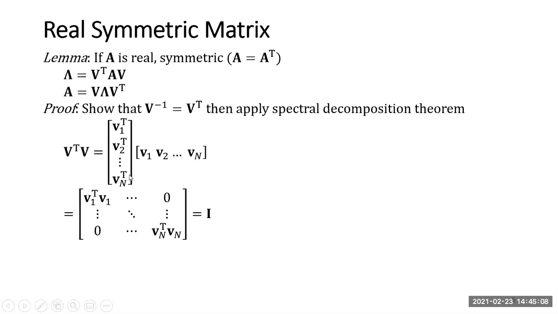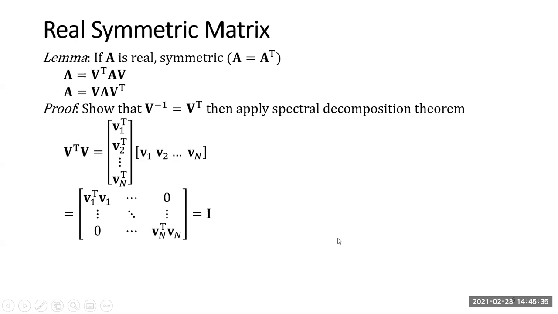The last scalar entry here would be Vn transpose Vn, which is 1. So all the off-diagonal elements are zeros, and the diagonal elements of this product, V transpose V, are equal to 1. So the diagonal elements are 1, and the off-diagonal elements are zeros. So this is an identity matrix.